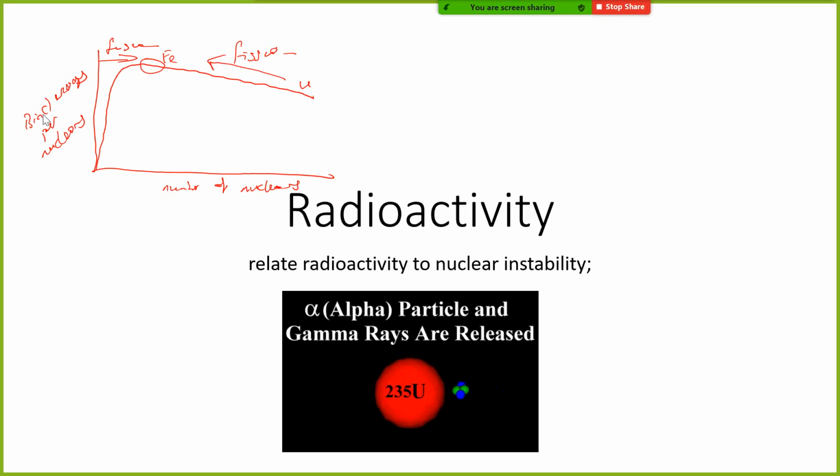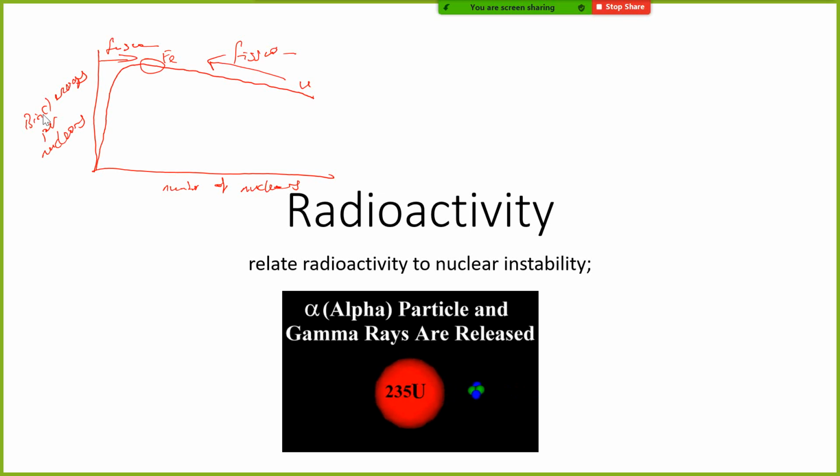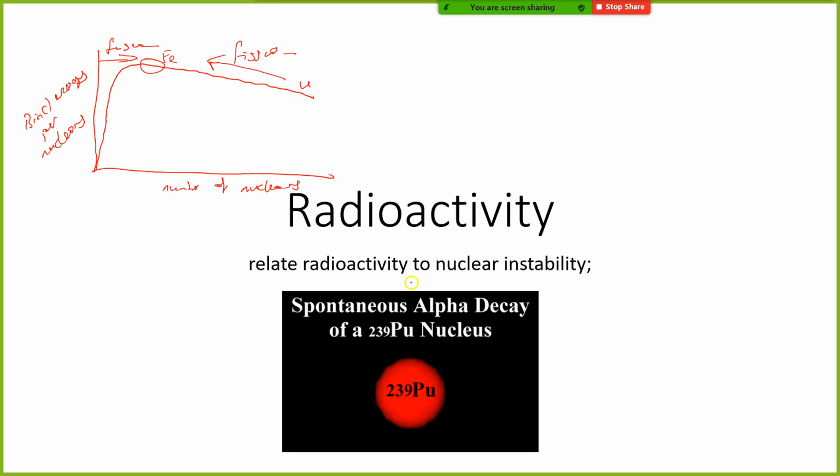So even though the process is random, you can still figure out when the half-life will occur. That doesn't change, for the most part.